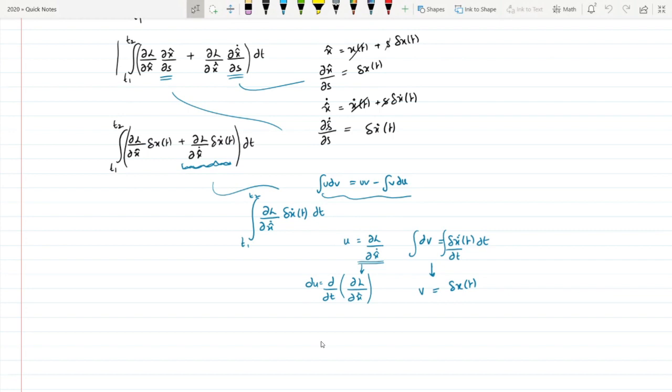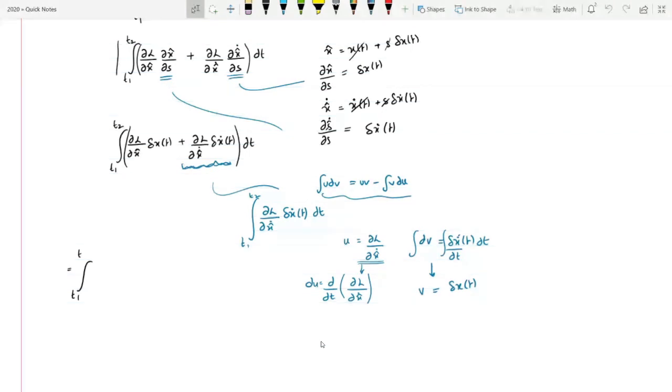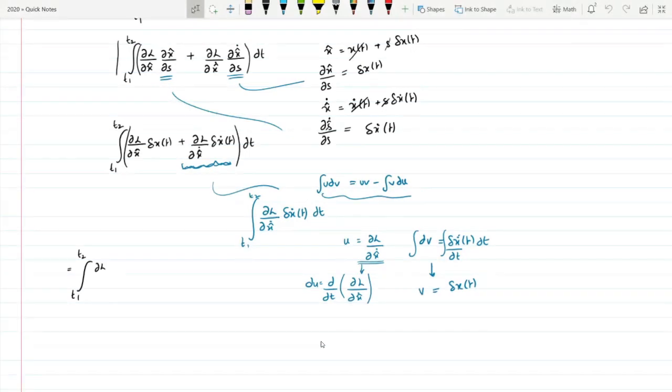That's all we need. So now we're just going to take this and apply it to our integral by parts. And our full equation looks like this for now. It's the integral between t1 and t2 of dou L by dou x hat times the kick function, plus what we just did by parts.